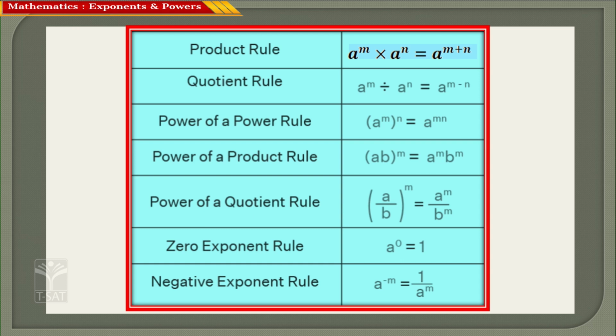And further you can see ab whole power m is equal to a power m into b power m. A by b whole power m is equal to a power m by b power m. And of course, further we know that a power 0 is always 1 and a power minus m is equal to 1 by a power m. These are all the different laws of exponents which you already have learnt in your classrooms.